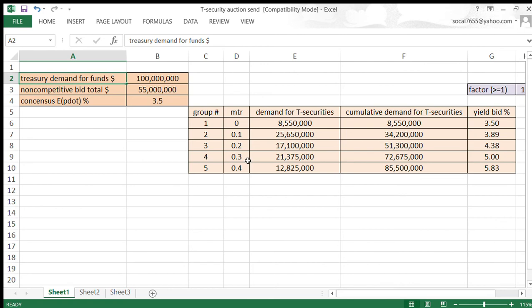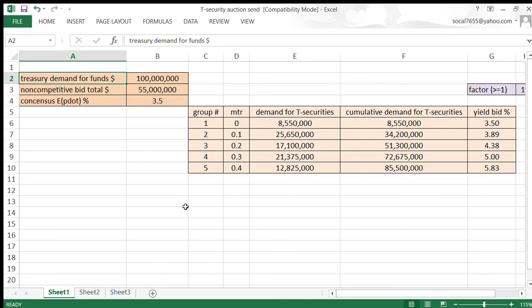Nobody here gets one, they needed too much. But everyone gets 4.38%, even these folks, and certainly by definition the non-competitive bidders. So everyone gets 4.38%. And that's how this type of Treasury auction works.